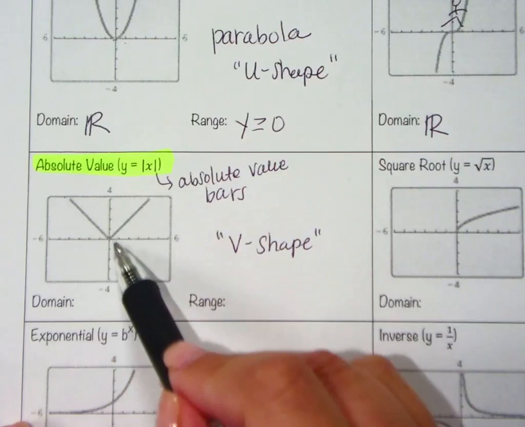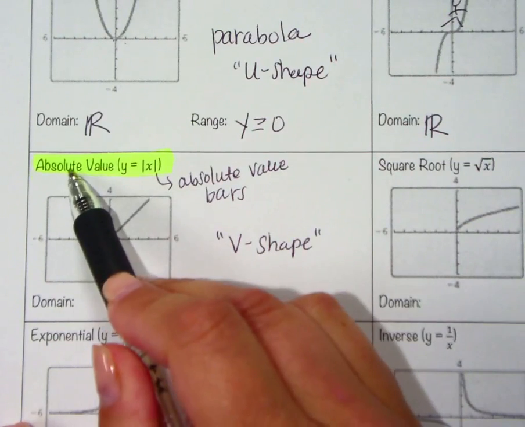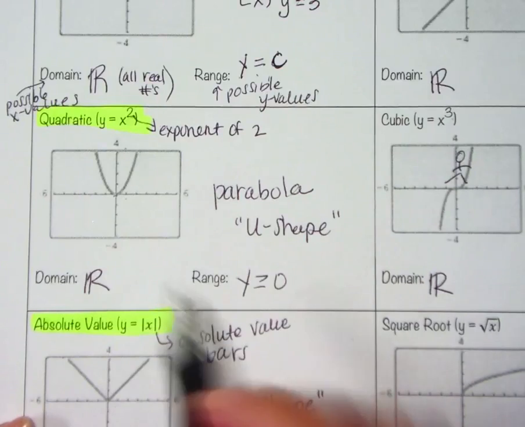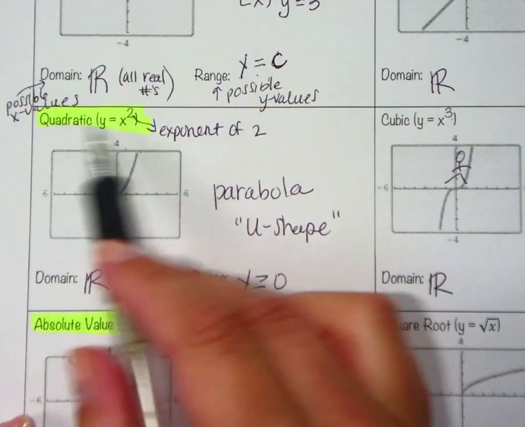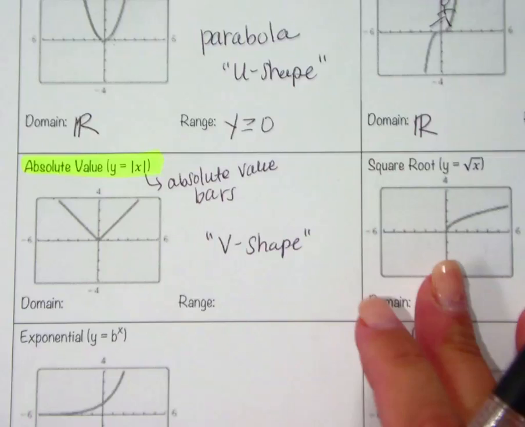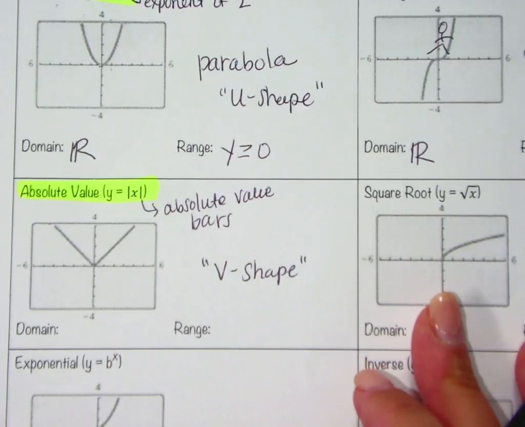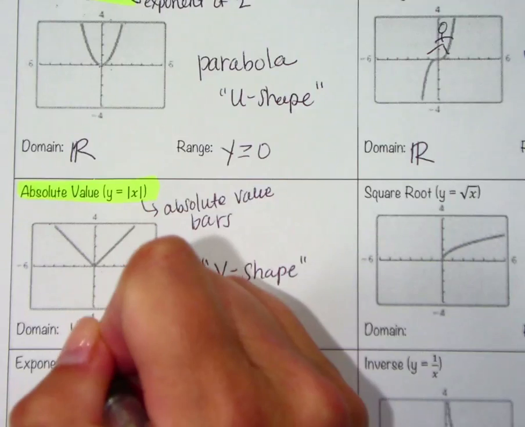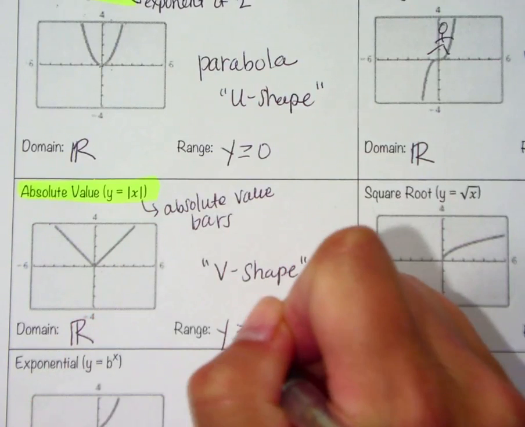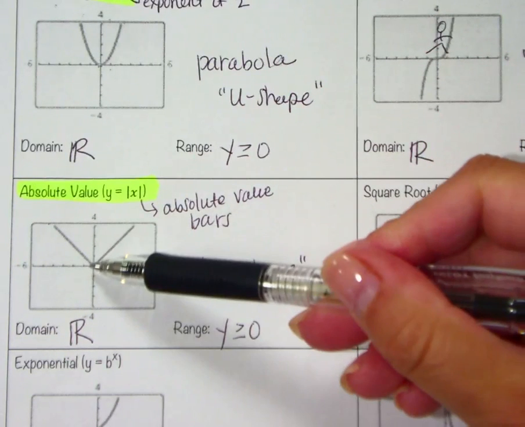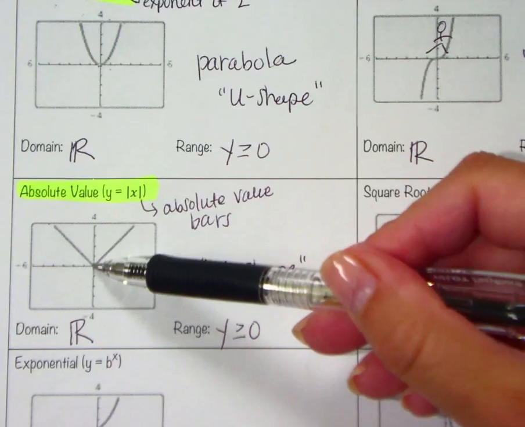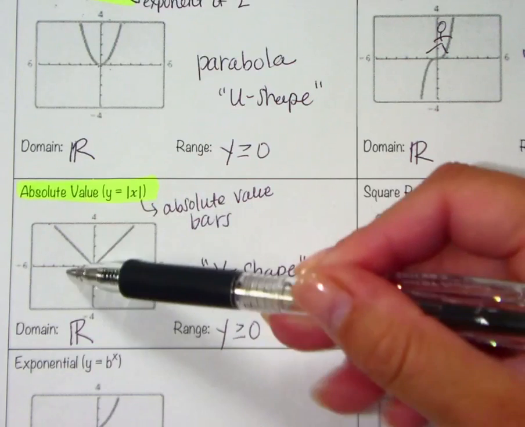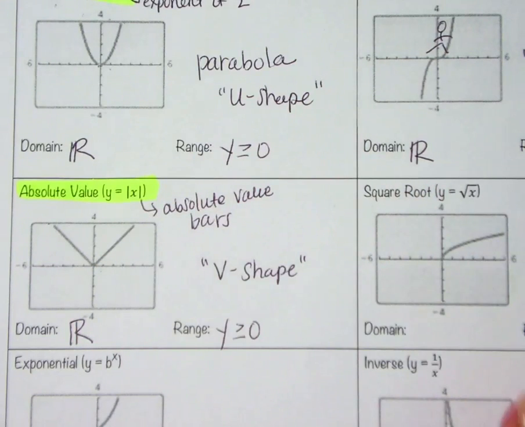So if you see a graph that has the V shape, you know it's absolute value. If you see a graph that has a U shape, that's quadratic. Very similar to the domain and range of the quadratic, our domain is all real numbers. Our range is greater than or equal to 0. You see y values of 0 and going up. You do not see y values down here.